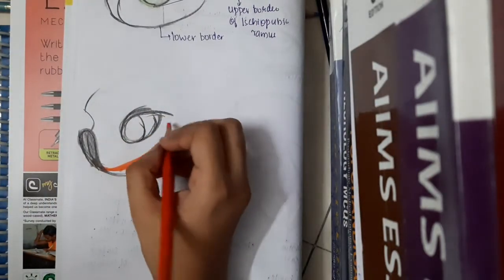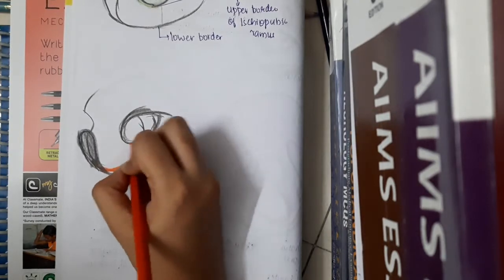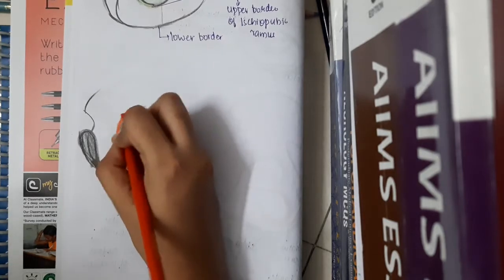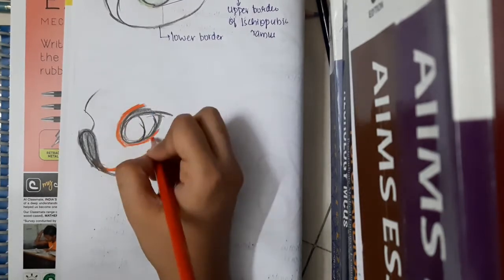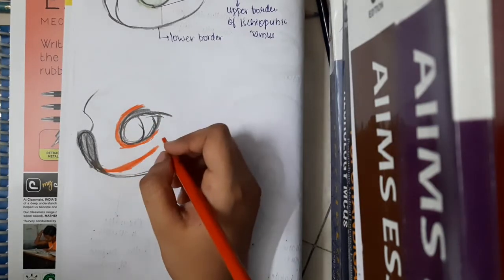Then after adductor magnus, there is one more muscle which is covering the external surface of the obturator foramen, which is nothing but obturator externus. We have completed two muscles, adductor magnus and obturator externus.